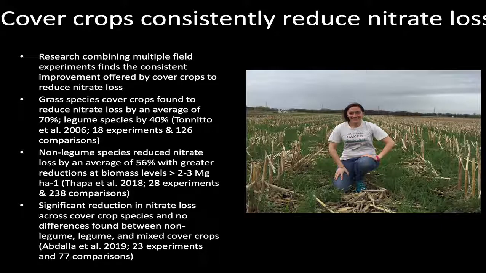It's just the point that these syntheses, one from over 10 years ago and then 2 from the last 2 years, have come to similar conclusions in terms of cover crops reducing nitrate loss by 40, 50, 60, 70%, depending on species and the amount of biomass that you have. So there's a lot of good work out there to show that these principles of soil health can also go hand in hand with water quality, water quantity.